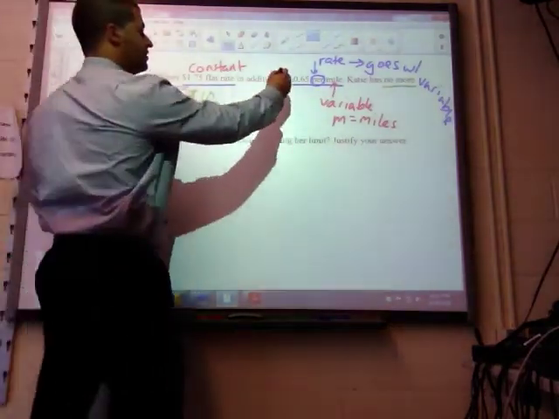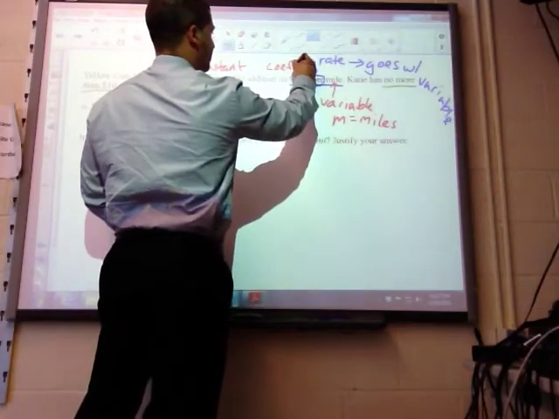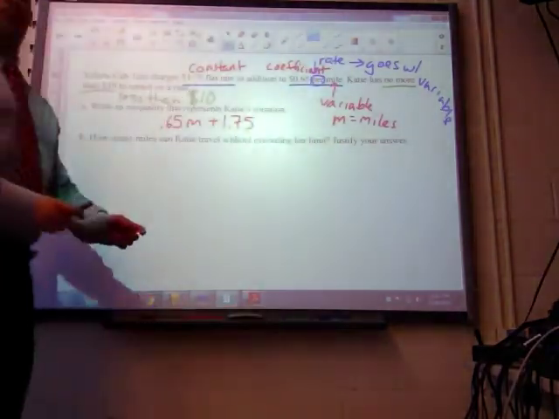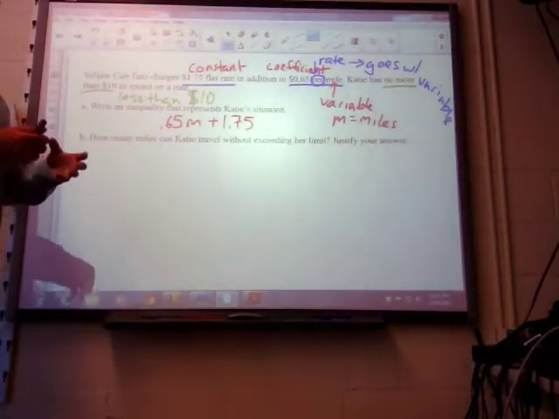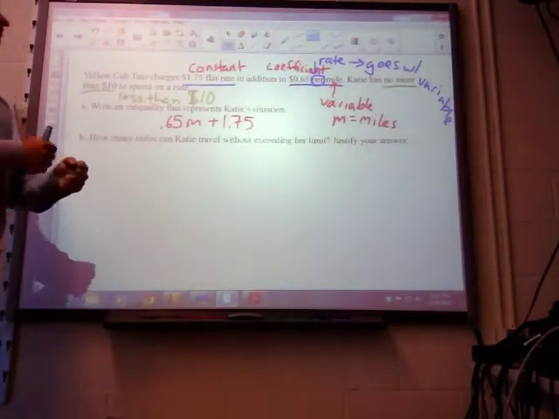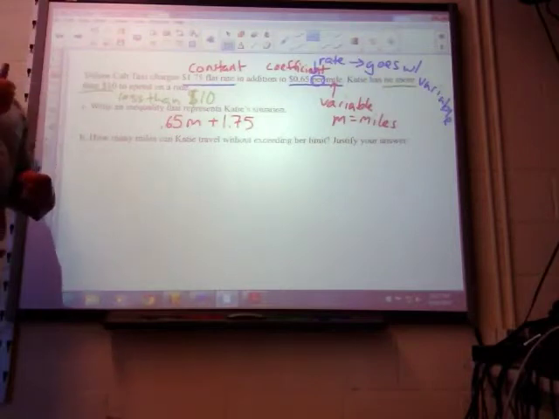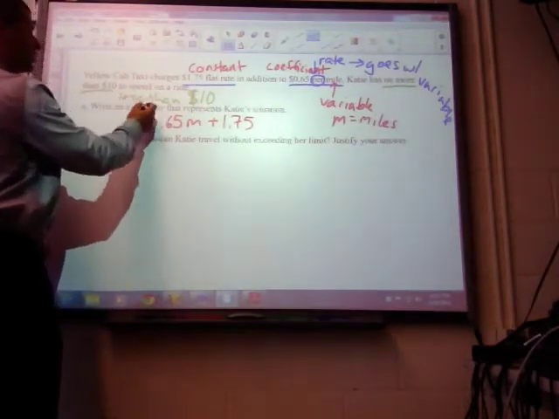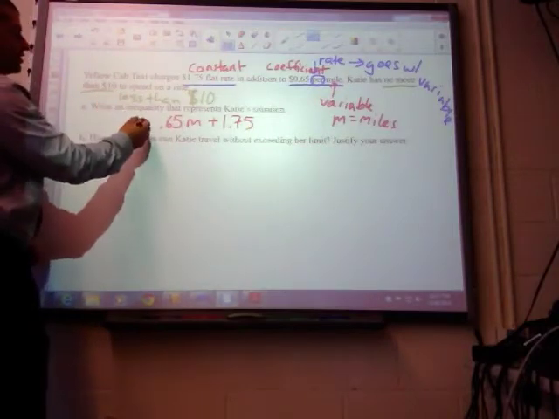And 65 cents, which is like the coefficient, is how much we get charged per mile. So we go in a cab, get in the cab is $1.75. Every mile thereafter is 65 more cents on your bill. So this is all going to equal your cost, or in this case, it has to be less than or equal to your cost.